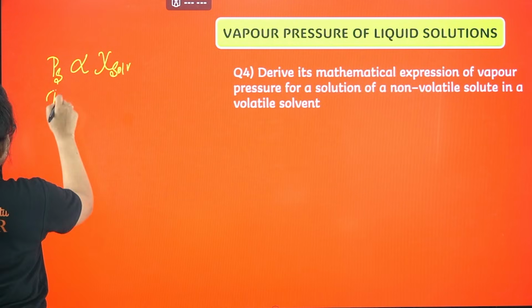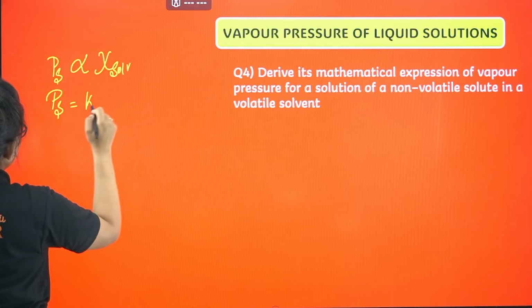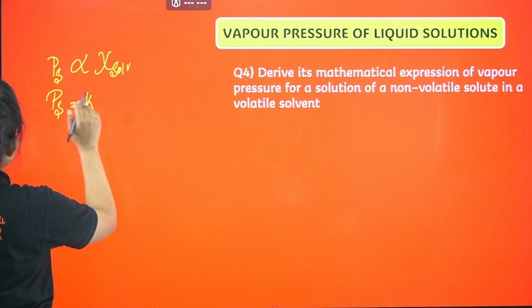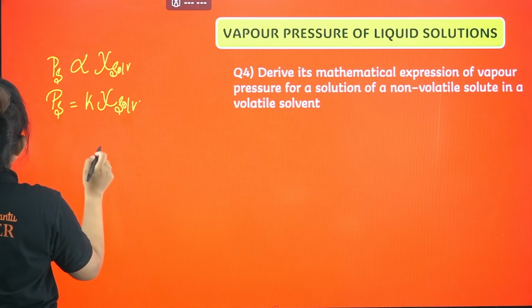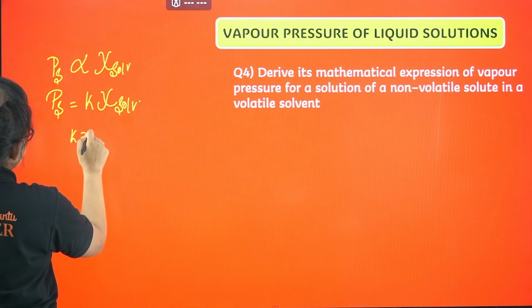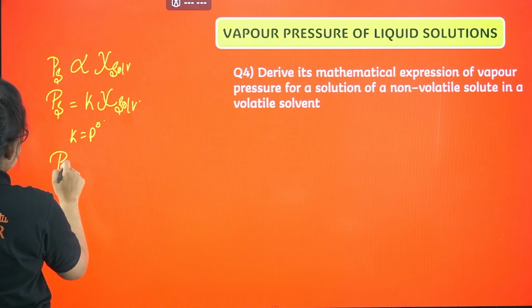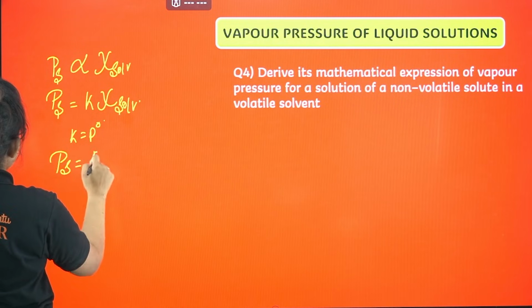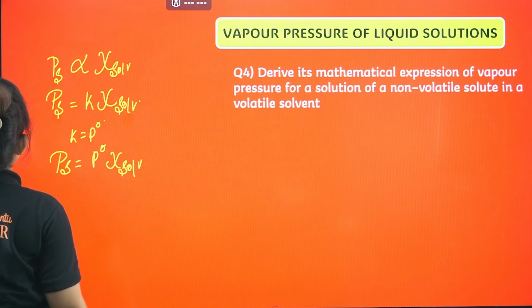So I can write the pressure of the solution is equal to K, any constant, into the mole fraction of the solvent. If I take K equal to P naught, then PS equals P naught into the mole fraction of the solvent, right?